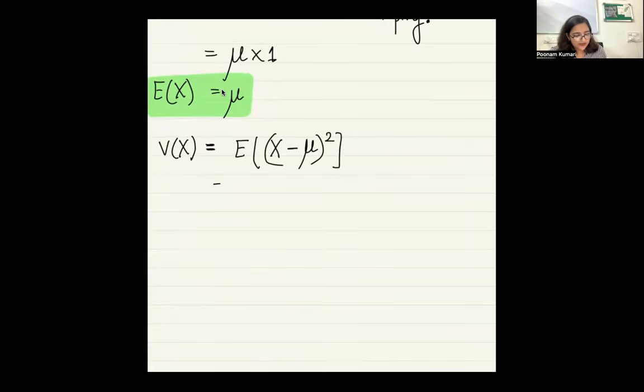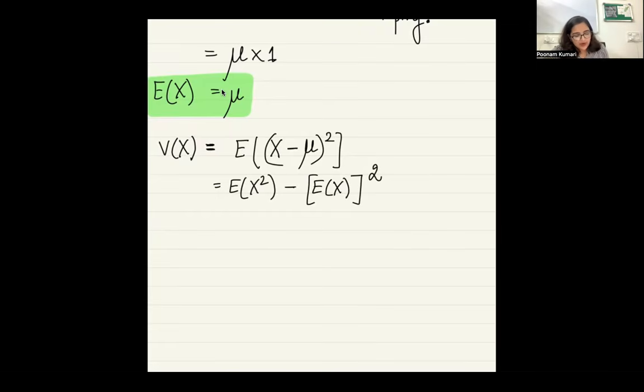Or I can find this: expected value of x square minus expected value of x, entire squared. Yes or no? Okay, so let's do this. How will we do this?